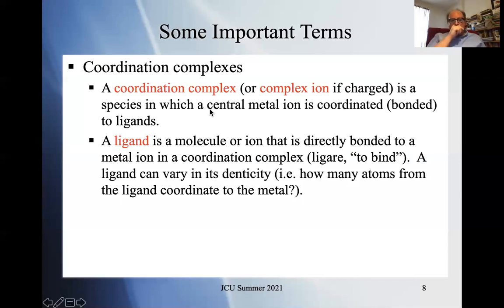So a ligand is any molecule or ion, and this definition is somewhat circular, but it is what it is. It's a molecule or ion that is directly bonded to a metal ion in a complex. And the term ligand comes from the Greek word ligare, which means to bind. Right. So again, we have another term, coordinated, bound, bonded. All of these terms effectively mean the same thing here.